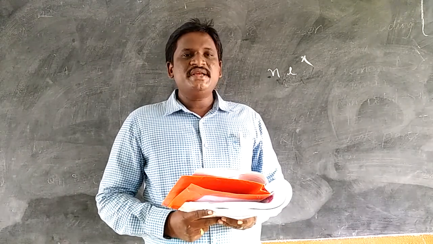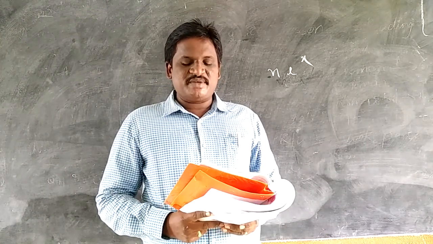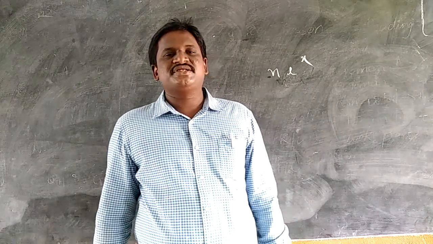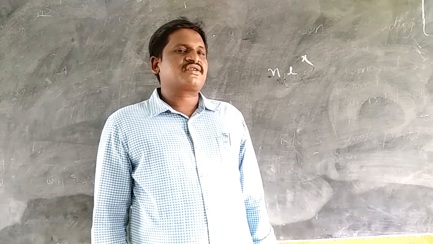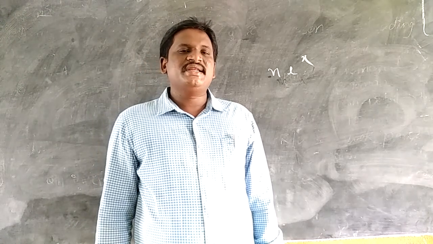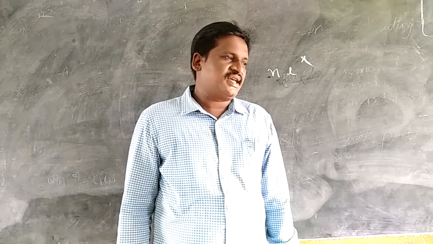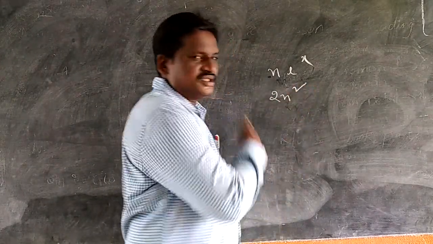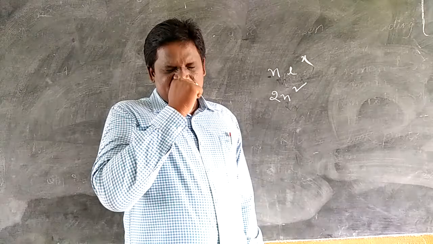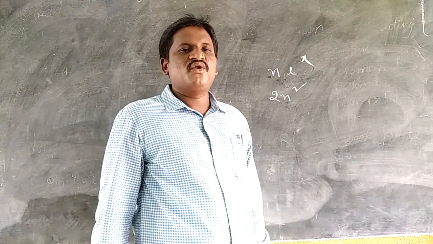Next one, 5 bits. A. What is the maximum number of electrons that can be accommodated in a principal energy shell? The maximum number of electrons that can be accommodated in any principal energy shell: formula 2n squared. This is the answer, where n is 1, 2, 3, 4 and so on.